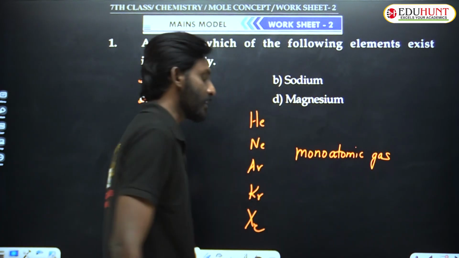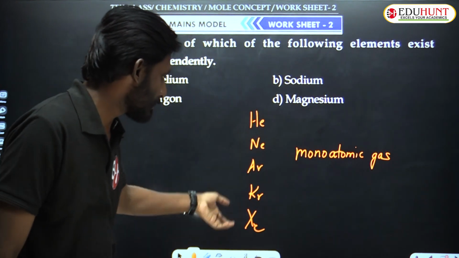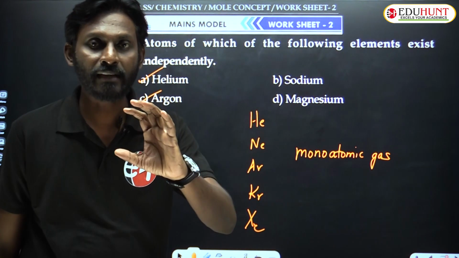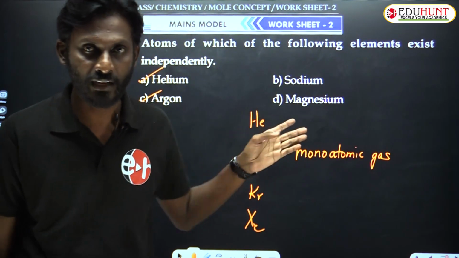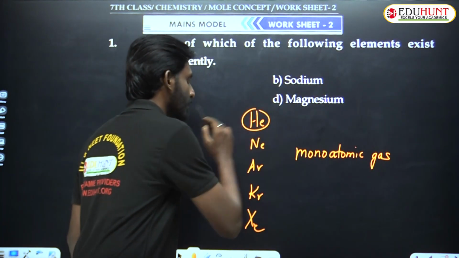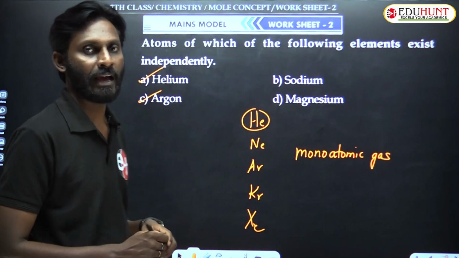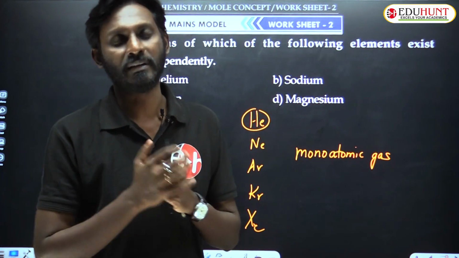Why are these elements called monoatomic gases? Because in all these elements the atom has a completely filled outermost shell, or the outermost shell of the atom is having octet. Except helium, the rest of them will have a complete octet. So the atom itself is stable.